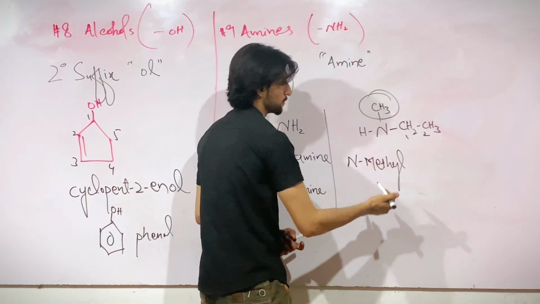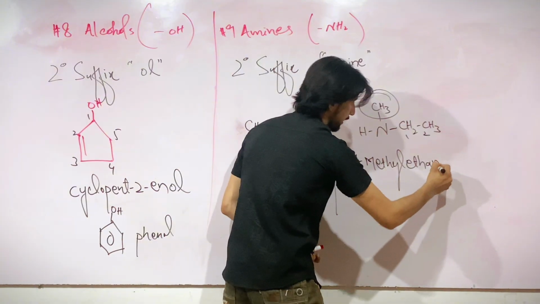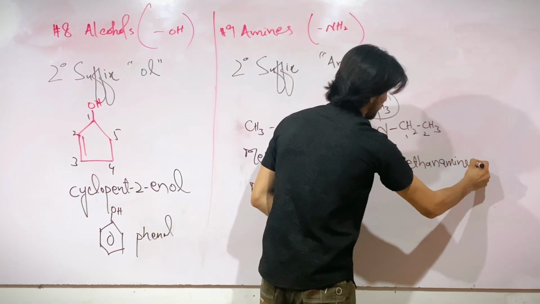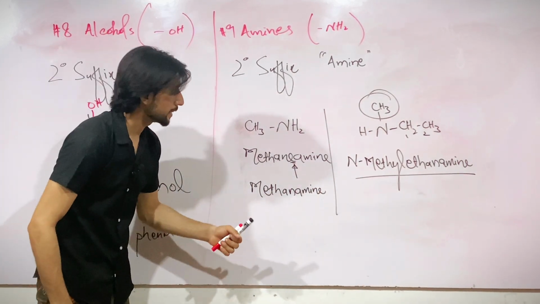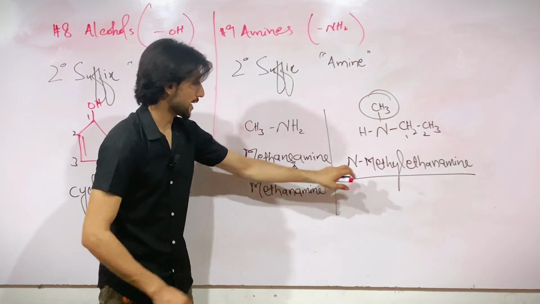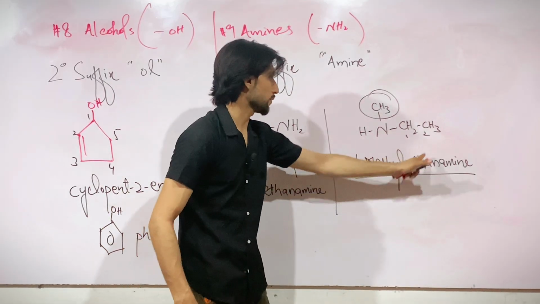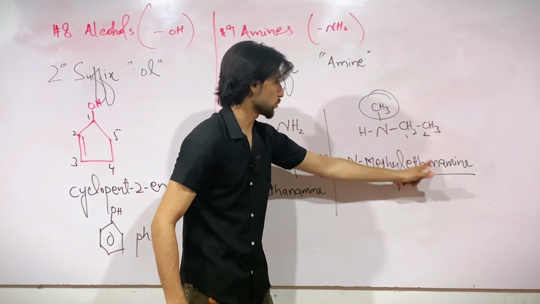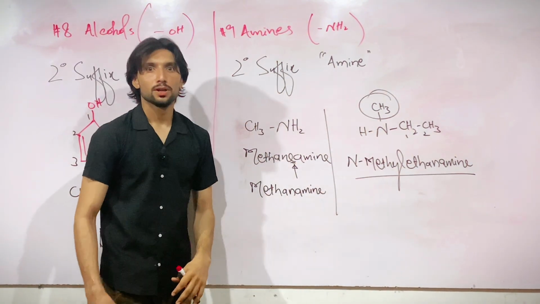So 2 carbon atoms means eth. So ethane, and as it is an amine functional group, this becomes amine. So the name for this compound becomes N-methyl, as we have a substituent attached at nitrogen, with a methyl substituent attached to it, and the parent chain becomes eth, 2 carbon atoms, an for saturation, and amine is the secondary suffix for this functional group.